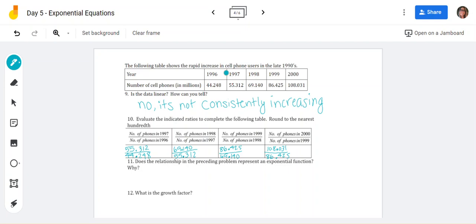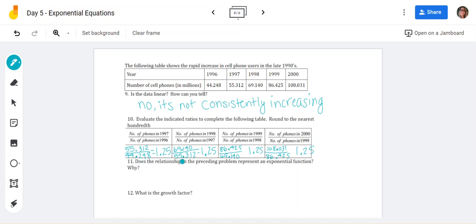First one gives us 1.25. Second one gives us 1.25. Third one gives us 1.25. And the last one would round to 1.25.